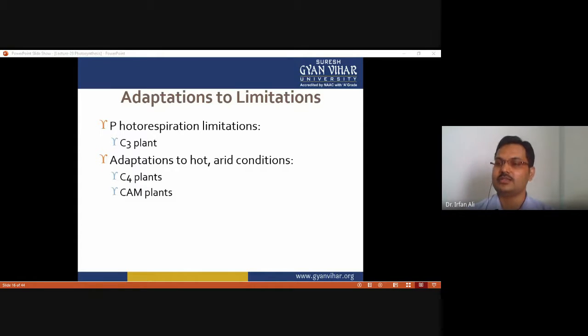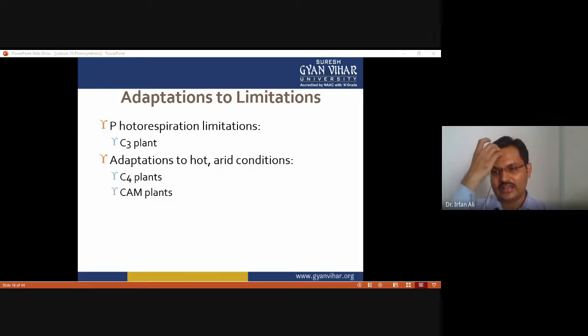But the limitation is there. Along with photosynthesis or carbon fixation, it also loses carbon. So to protect against this wasteful process, the plants have adaptations. What type of adaptation do plants have? The plants have adaptation to C4 and CAM. There are two types of plants which have different types of adaptation to carry out the Calvin cycle. These plants are called C4 plants and CAM plants. Now we have to discuss their adaptation.